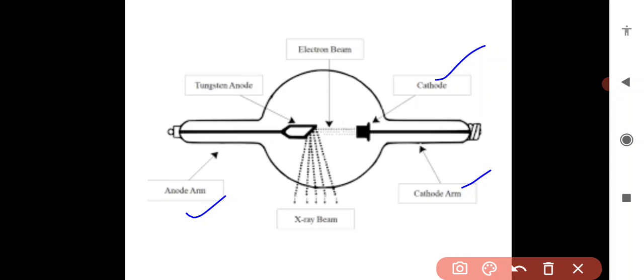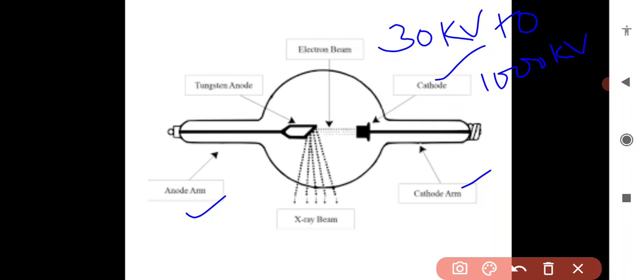A very high voltage, around 30 kilovolt to 1000 kilovolt, is applied between the anode and cathode using a high tension battery supply.